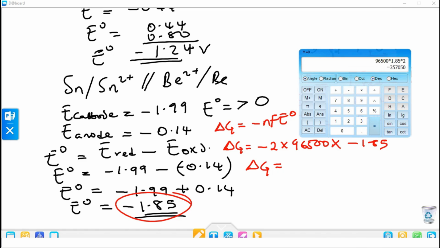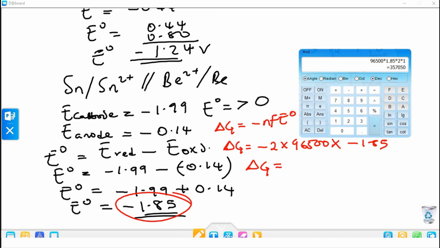We can say that gives us this. Then times 1. When we say times negative 1, times negative 1 will give us the negative of that answer. So we're going to definitely have minus 35705.